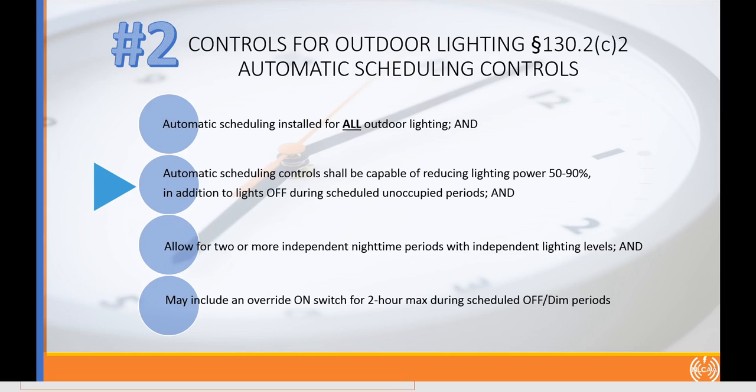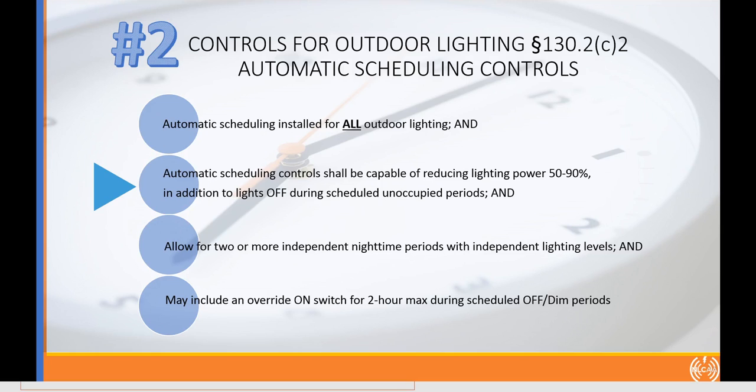Now, one could read this and assume that, oh, shoot, we have to do dimming for the exterior lights to achieve this power reduction between 50 and 90%. And true, you could use dimming strategy to meet this requirement. But code never mentioned anything about dimming your exterior lights. All they're saying is just demonstrate that you're capable of reducing the lighting power. And so I can give you another way to reduce lighting power, and that's through switching off some of your switch legs, your exterior circuits.